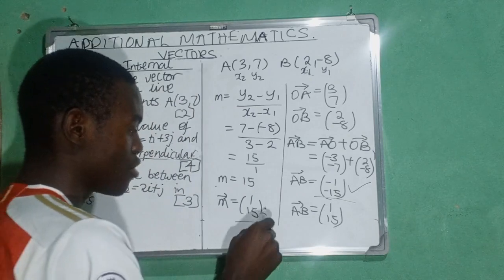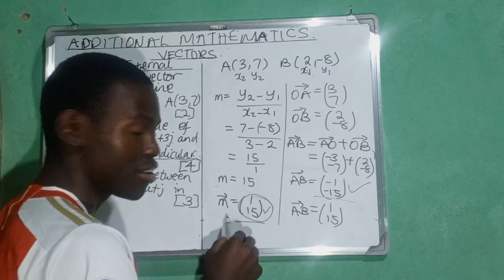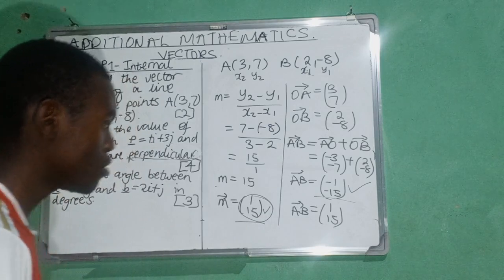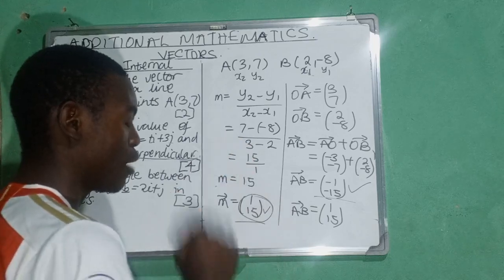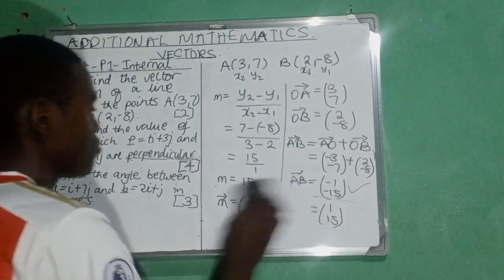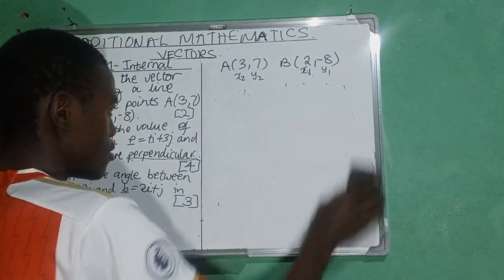But since I already found this, I will carry on with this one. You can use either one of the methods. If you found this as your direction vector, or this as your direction vector, both are okay. Yes, let's continue. Mind you, this was only carrying 2 marks.